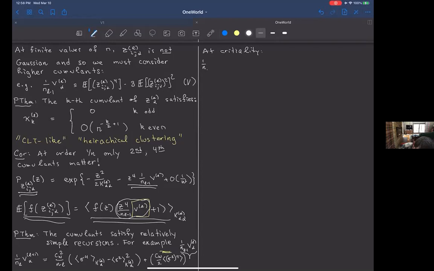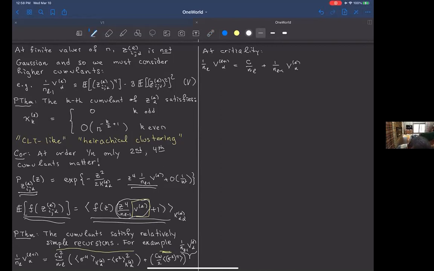Okay, you get the following kind of formula. You get 1 over N_L V_{L+1} alpha looks like a constant over N_L, where I'm just simplifying all the things in this first term to a constant because they are constant, plus 1 times 1 over N_{L-1} V_L alpha. So that's a recursion that all of us can solve.